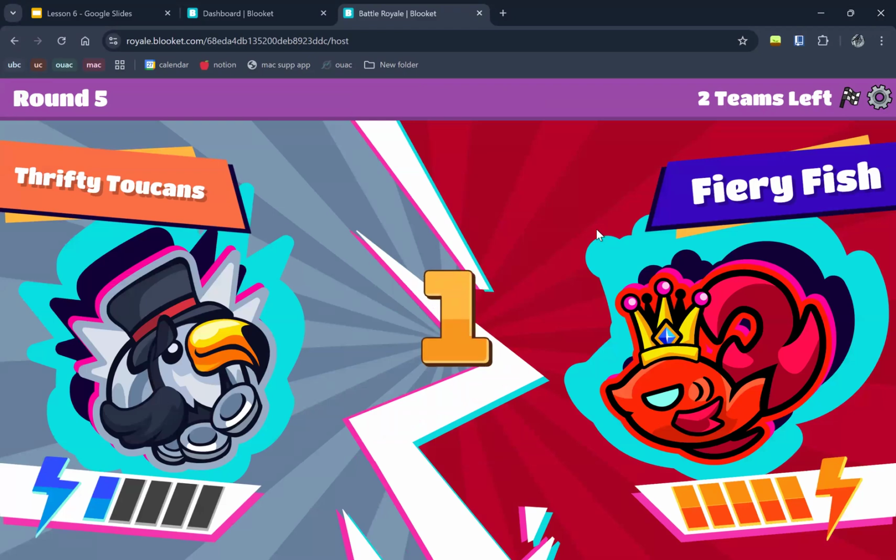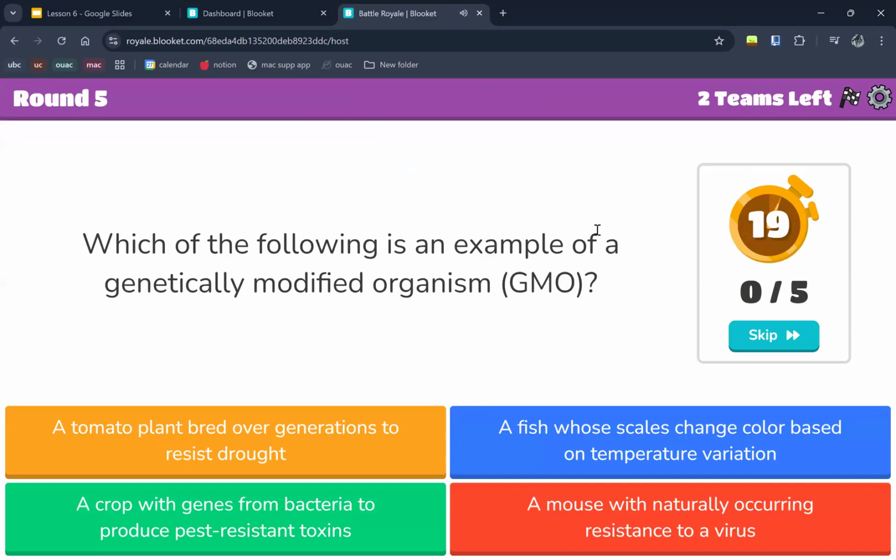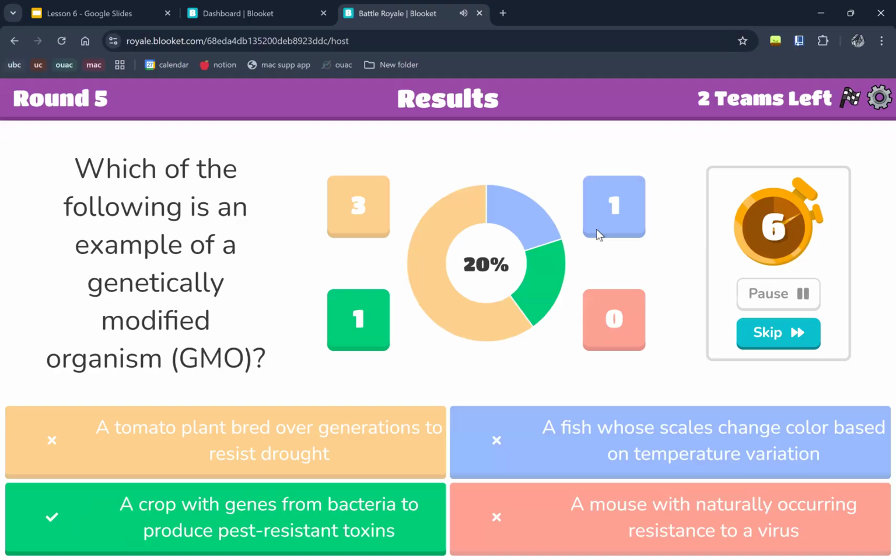Okay, I think the thrifty toucans are on their last life, so lock in on this one. Okay, only one person got this one right.